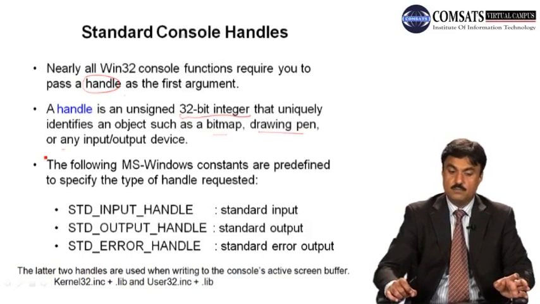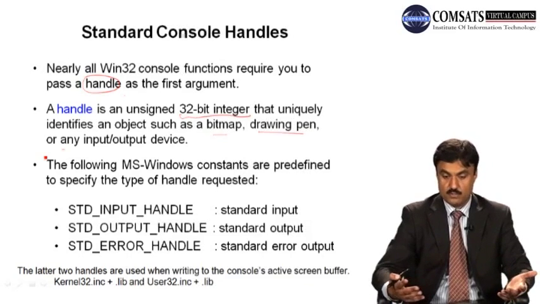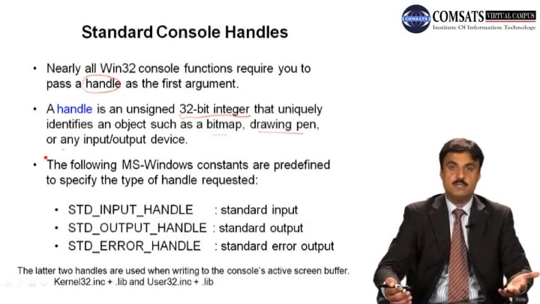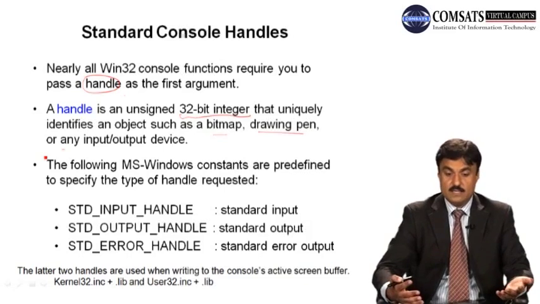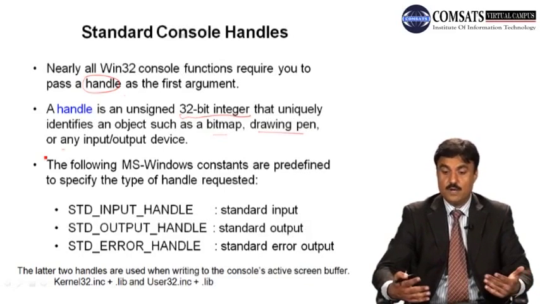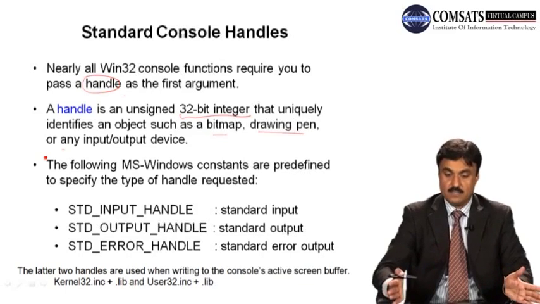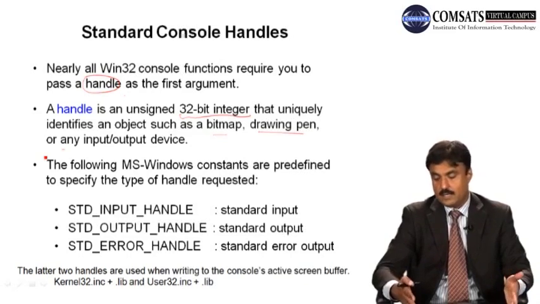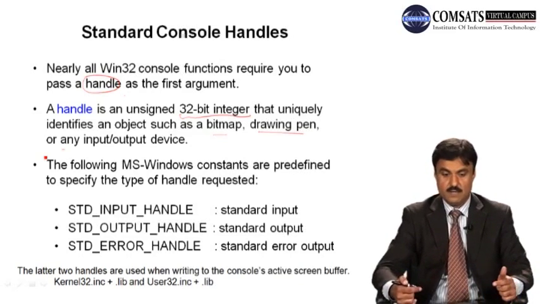Mostly we are dealing with hardware devices like input output, so it can be a mouse, a keyboard, a monitor and so on. So if we are dealing with them, we need one 32-bit integer which uniquely identifies an object related with that device.